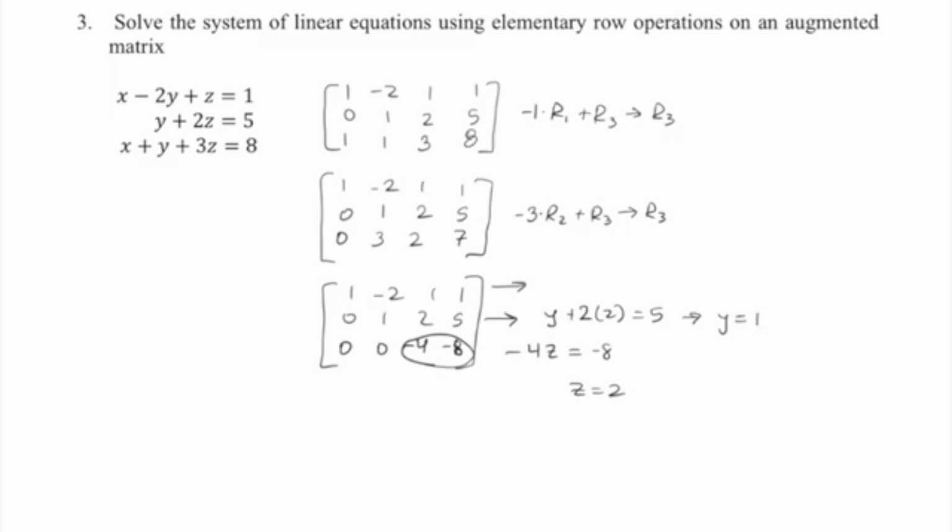And then that top row represents the equation x minus 2 times y, which in this case y is 1, plus z, which is 2. So negative 2 plus 2 is 0, so x equals 1. So the solution is x equals 1, y equals 1, and z equals 2.